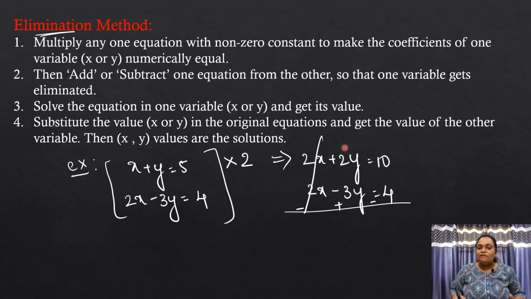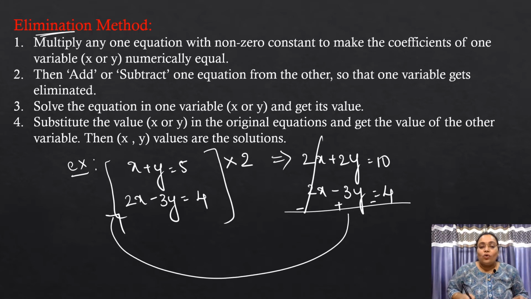If you subtract, you can eliminate the variable. We will solve for y and find the value of y. After you get the value of y, you will substitute it in the given original equations, either of the equations.